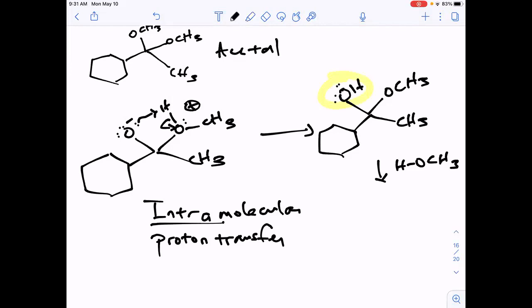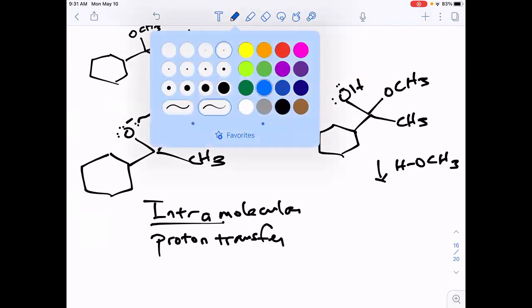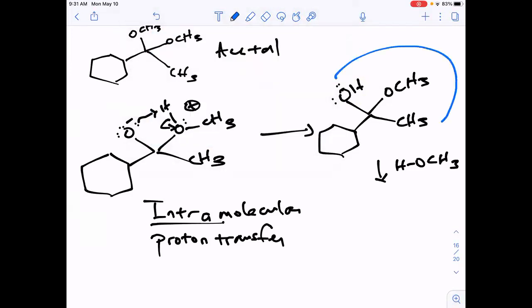I want to turn that OH into a better leaving group so I can get rid of it. What can I do? You protonate it. Good, you're right. Be confident. We're going to pick up a proton from here.